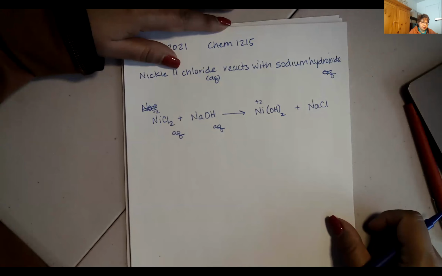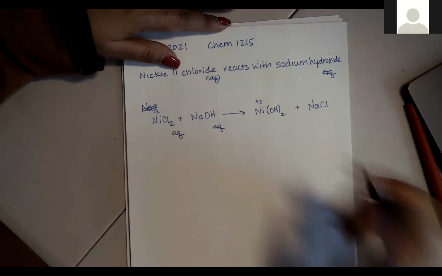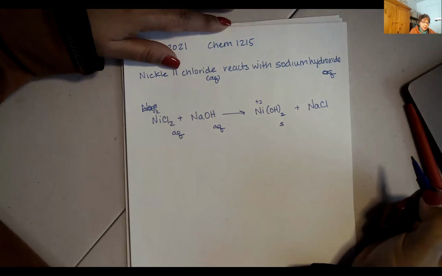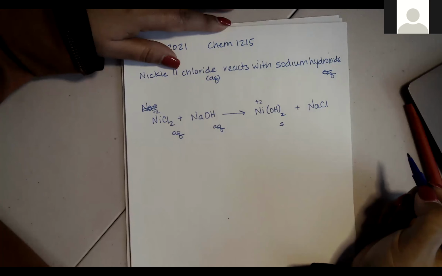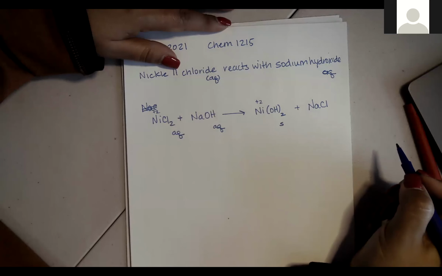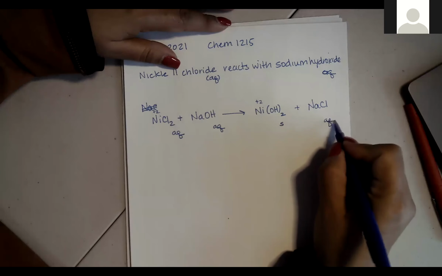They're soluble? One of them is. One of them's not. Says OH is slightly soluble, so not soluble. Right. So it's a solid. And what about sodium chloride? It's soluble. Good.